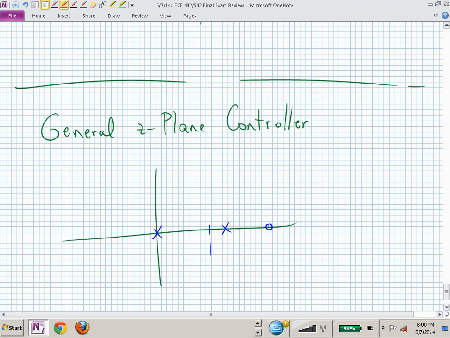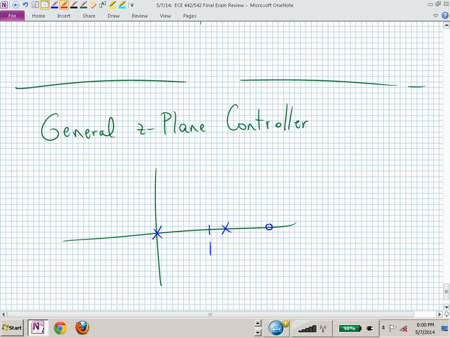What's the deal? You're changing the rules on me. What's critical? Stable versus unstable. We can never, never, never, never cancel poles or zeros outside the unit circle, can we? Doesn't matter what they are, you can't cancel them with a pole or a zero.